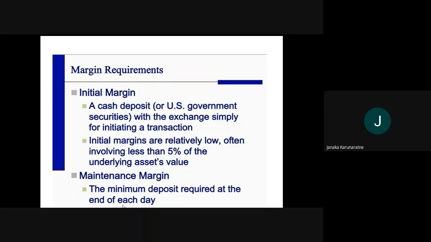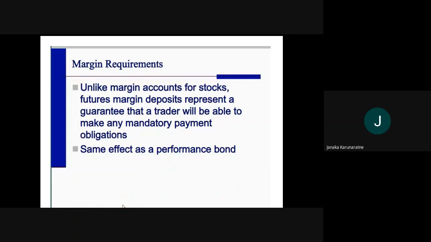Then, when the value fluctuates every day, you have to maintain the margin at a particular level. So you have to deposit some money every day depending on the value. We call the minimum deposit required at the end of each day the maintenance margin.